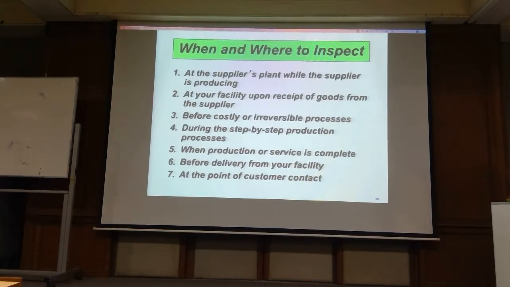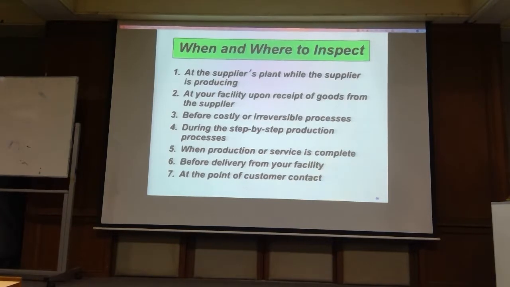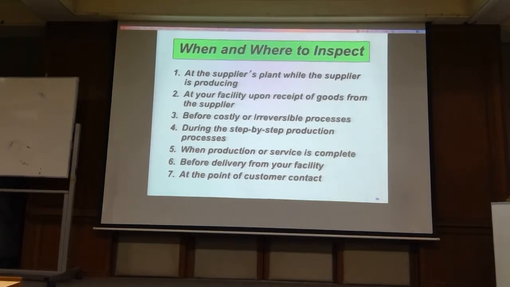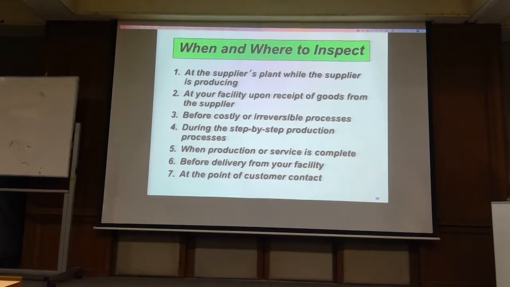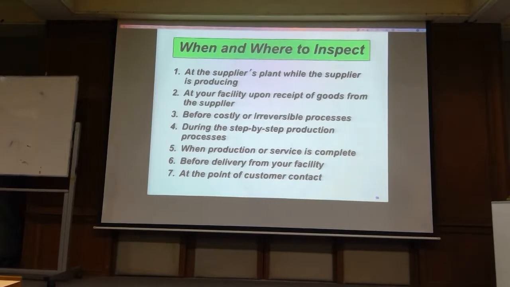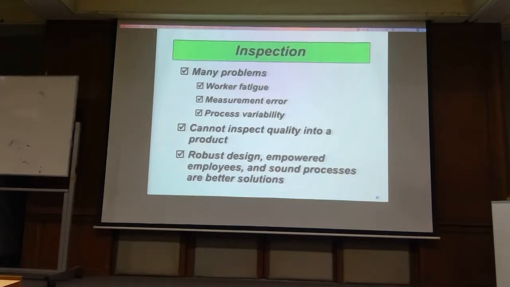So at the supplier plant, right? When you receive goods from the supplier, before the very costly process, step-by-step in the production process, when you finish, before you deliver to your facility, or at the point of customer contact.